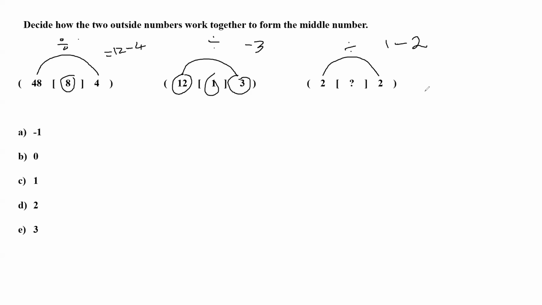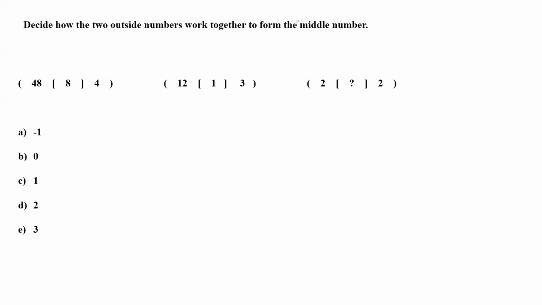So I'll explain it once more, even though that was a brilliant explanation. If you're still a bit unsure, listen really carefully. What Jordan said is he took the left number and divided it by the right number, and then subtracted the right number. So again, we've got 2 operations: divide by the right number, subtract the right number. If we do 48 divided by 4, we get 12, and then we subtract 4, we get 8.